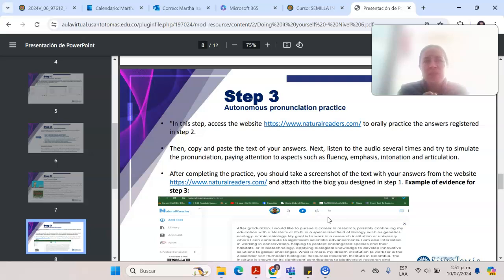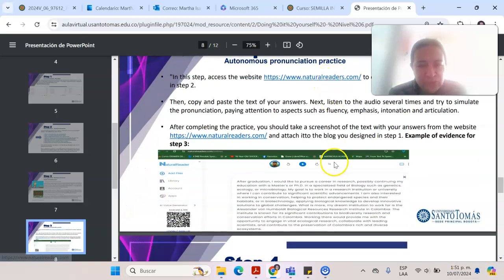So it means that those questions are not necessary in step number 3. So you only include in this app Natural Reader the answers, obviously organized with connectors, with your greetings, okay, with your farewell at the end. But that is the skeleton that you need to take into account to complete your step number 3.